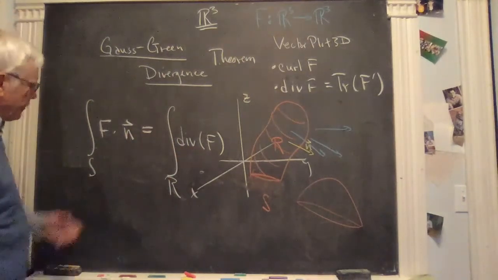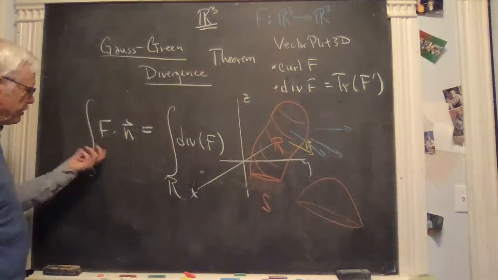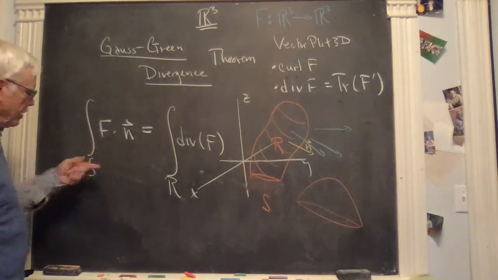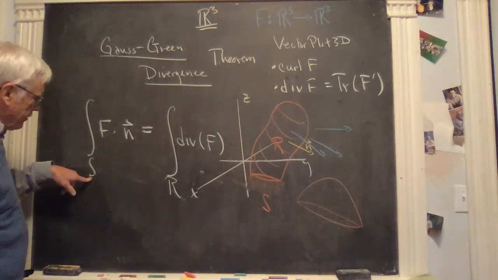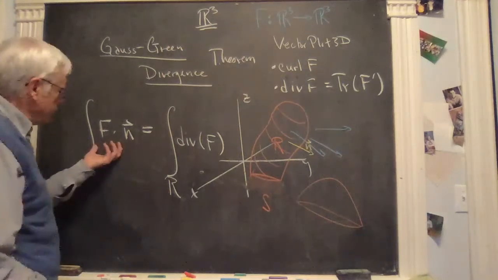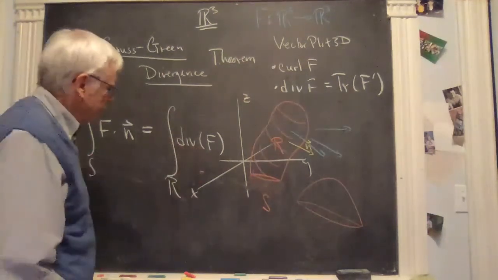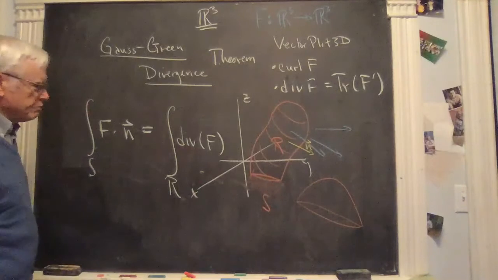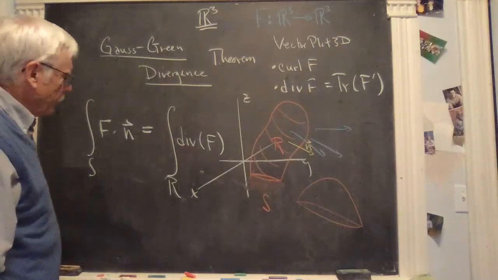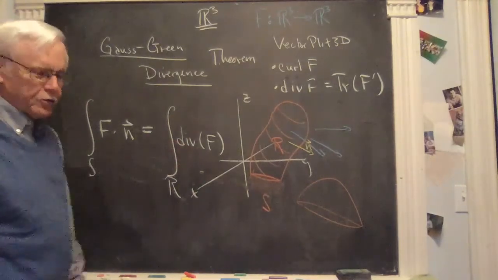And also, again, these flux integrals can be difficult to compute because of the parameterization of S. So sometimes this is computed using this. And I think I gave you a couple problems like that too.